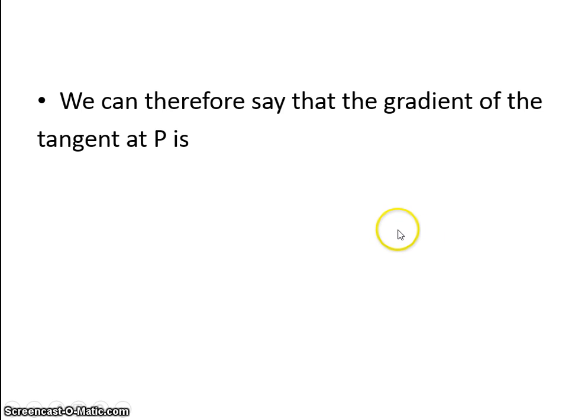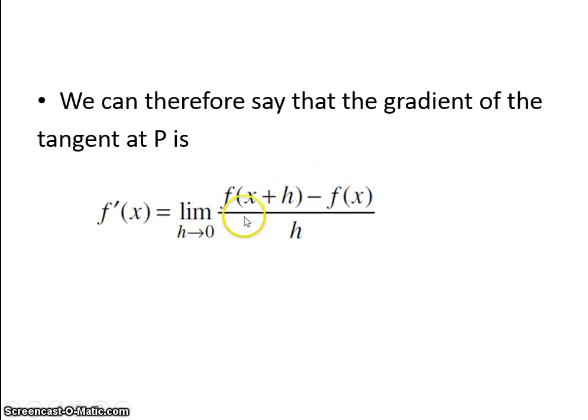We can therefore say that the gradient of the tangent at P is equal to this formula here. Now this is the actual formula which is known as the first principles formula. The gradient of the tangent will be equal to the gradient of the secant, f of x plus h minus f of x, the whole thing over h, when h approaches 0.